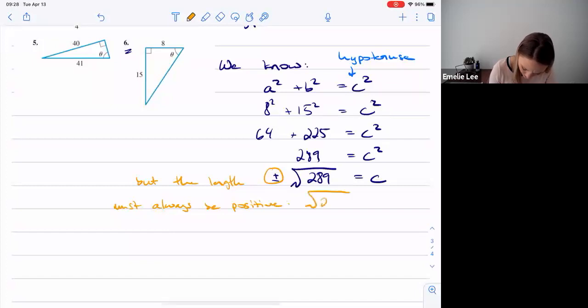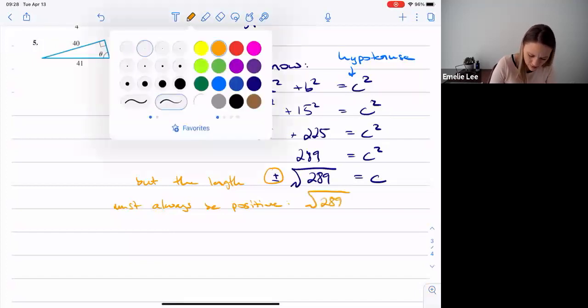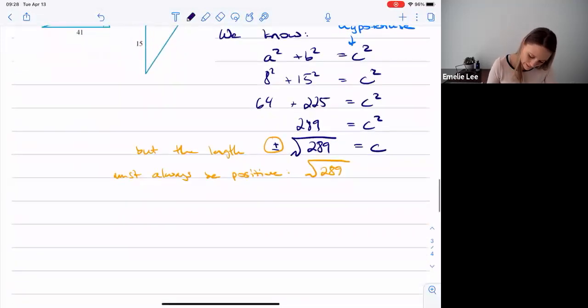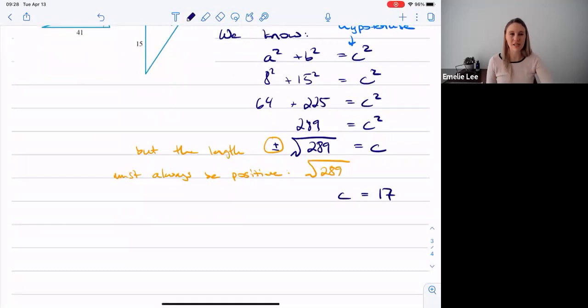So it's just the square root of 289, which turns out to be a nice even 17.